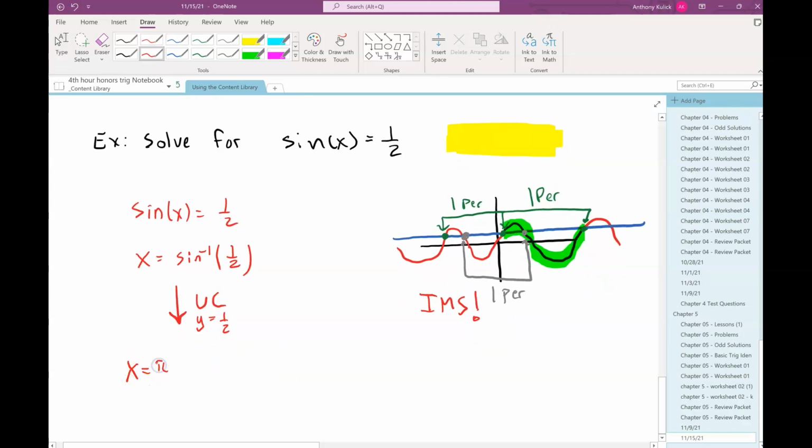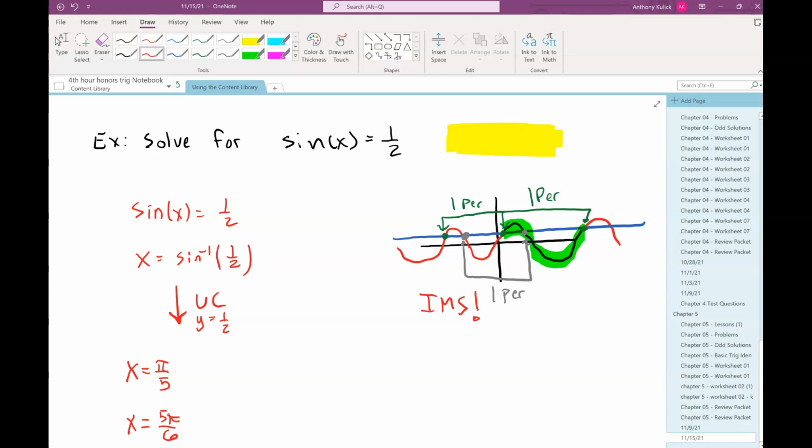So that happens at pi over 6, as well as 5 pi over 6. So if I looked at the unit circle where the y coordinate is 1/2, those are the two locations. So those are two of our answers, right?